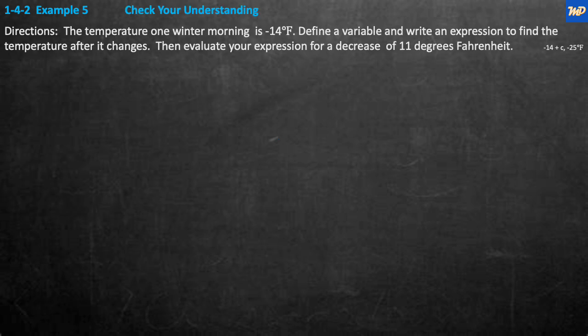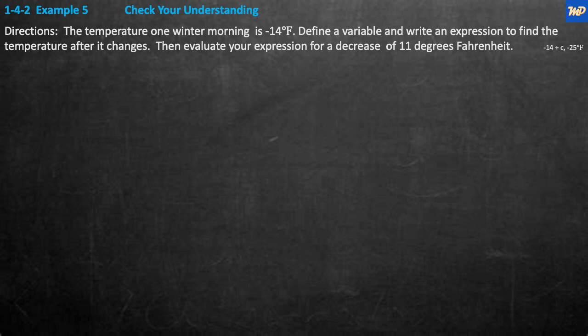Now, example 5, check your understanding. So again, like we've been doing, I'd like you to stop the video and try it. I'll read it to you first. The temperature one winter morning is 14 degrees below 0 Fahrenheit, or negative 14 degrees Fahrenheit. Define a variable and then write an expression to find the temperature after it changes.